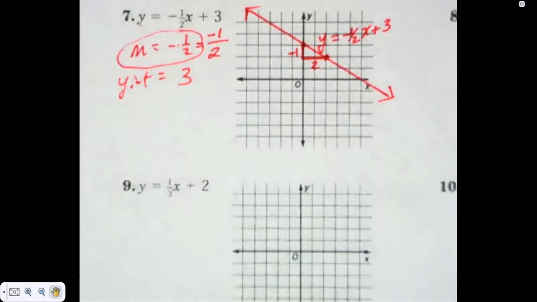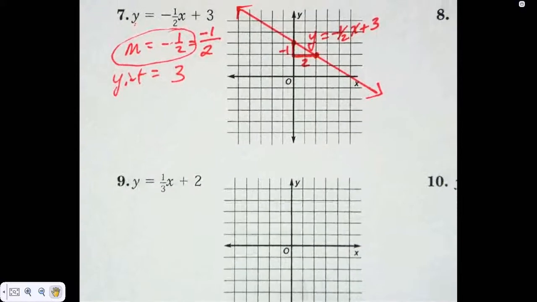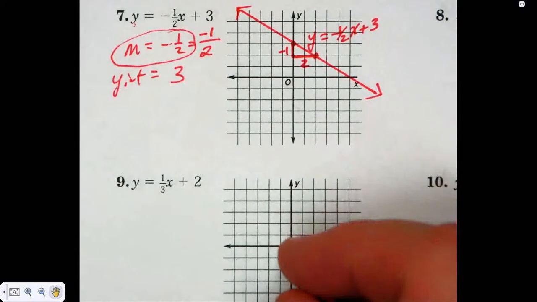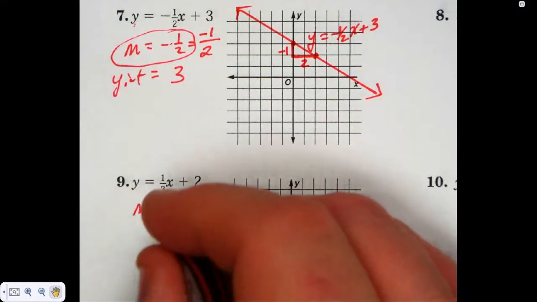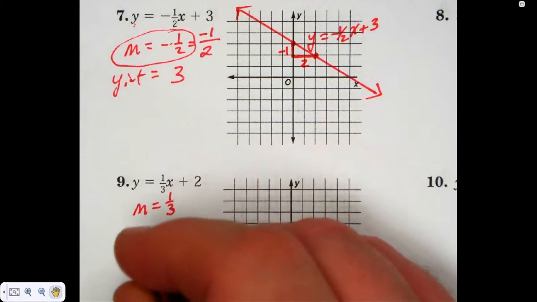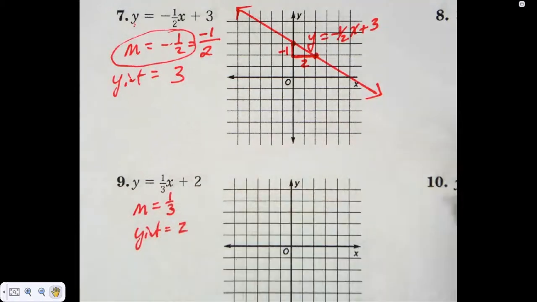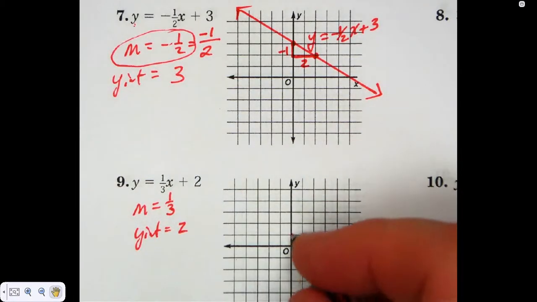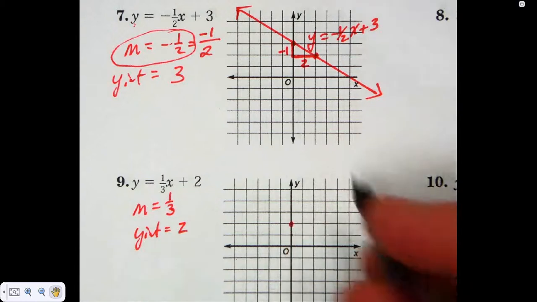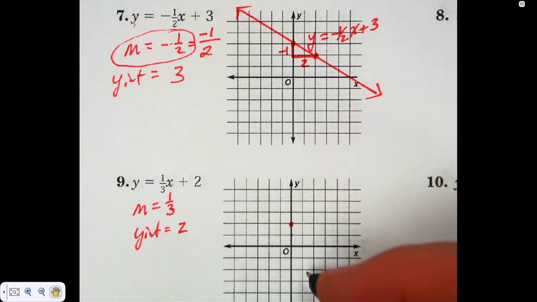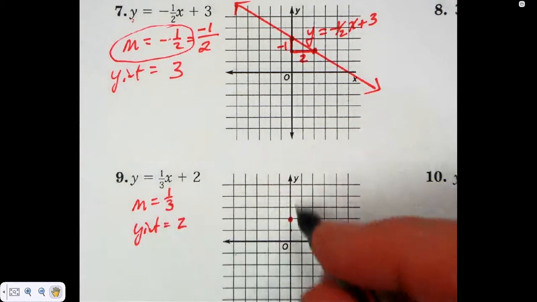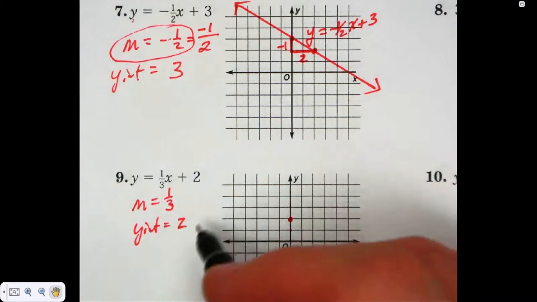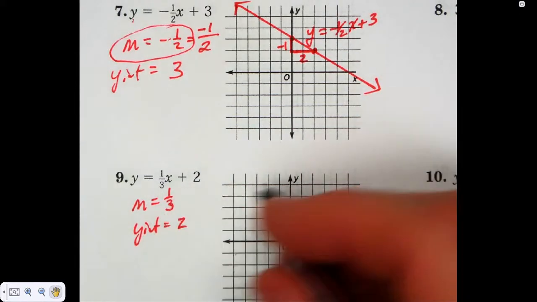Now zoom out and go down to number 9. What's the difference here? My slope is 1/3. My y-intercept is 2. So I go up 1, 2. This is the point where it hits the y-axis. But to see how this line is shaped or angled, I have to use the slope.